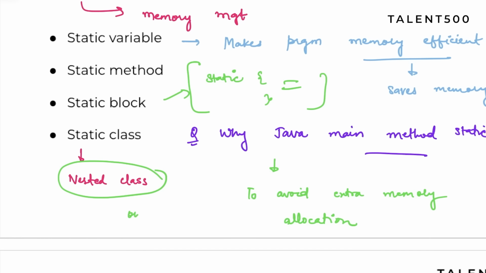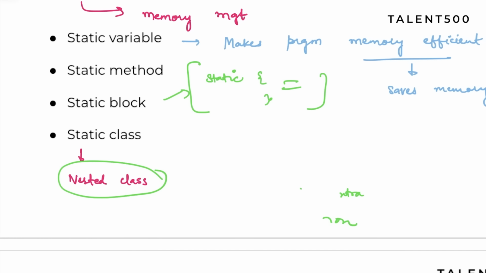Let me erase and then write. Outside you will have some outer class, inside that you will have some inner class, and then you will have some static class. That is how you will have your hierarchy.